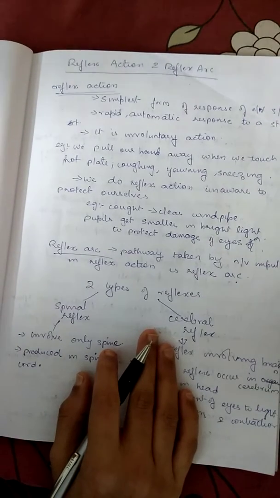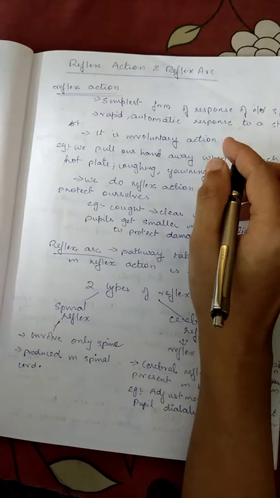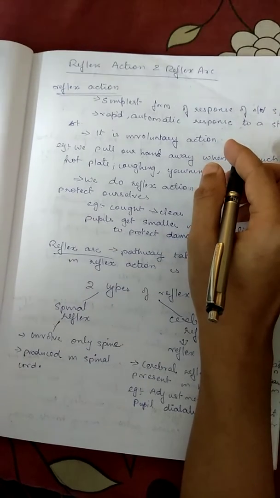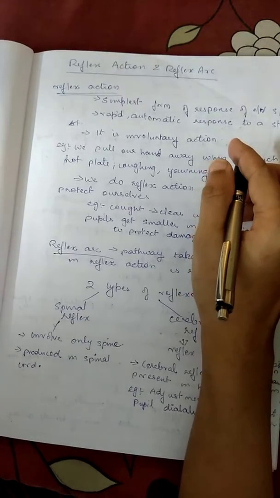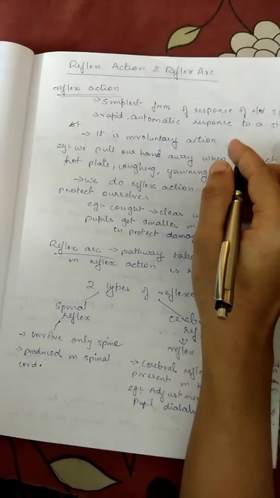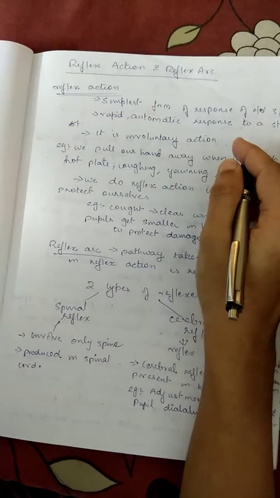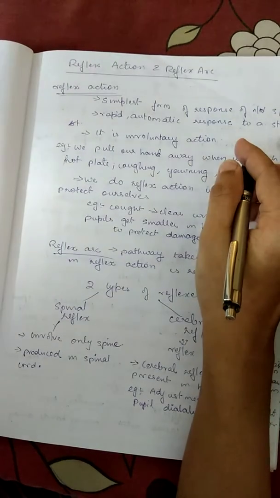If we send the message to the brain, and the brain takes its sweet time to analyze the pain and the heat and then instructs the muscle, it is going to take a long time and the damage would already have been done. So in those kinds of situations, the response has to be generated immediately.